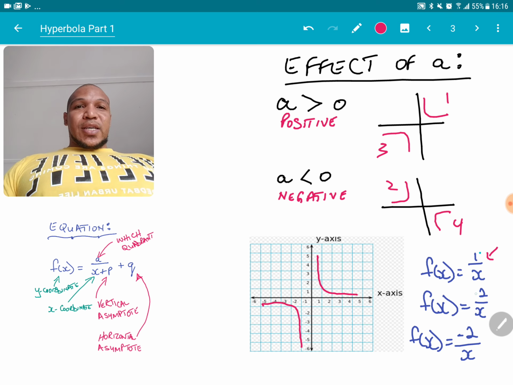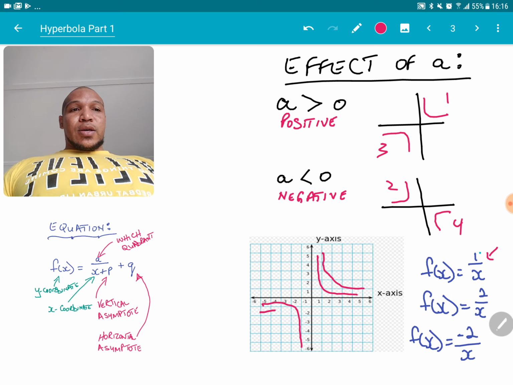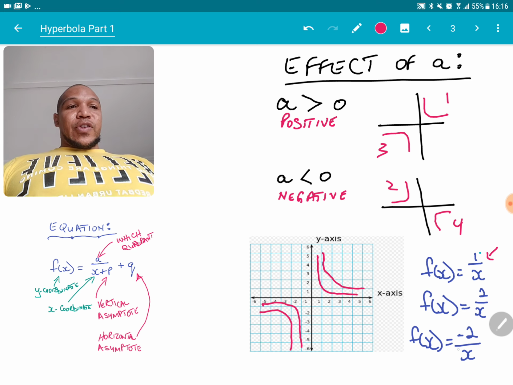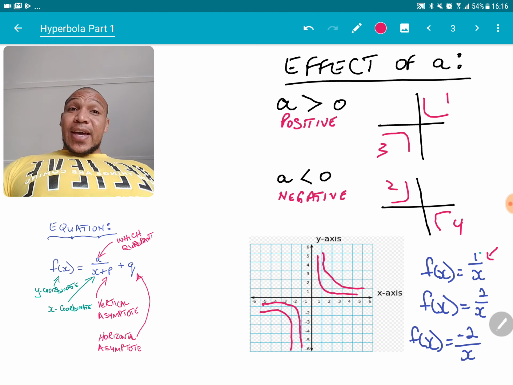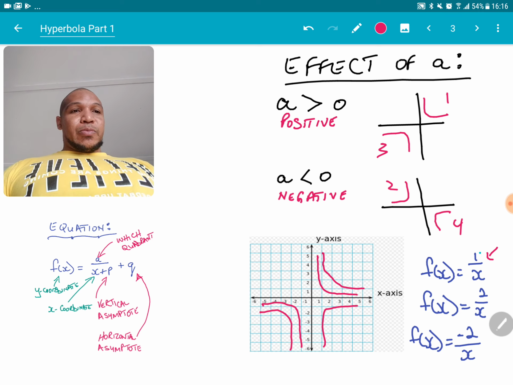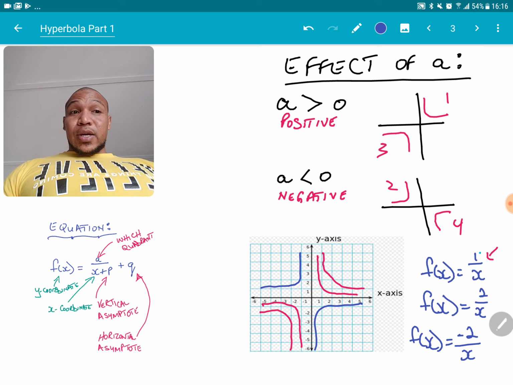F of x is equal to 2 over x. A is positive, so it will lie in quadrant 1 and 3. Here's another equation. F of x is equal to negative 2 over x. A is negative, so it will lie in quadrant 2 and 4, because it is negative.